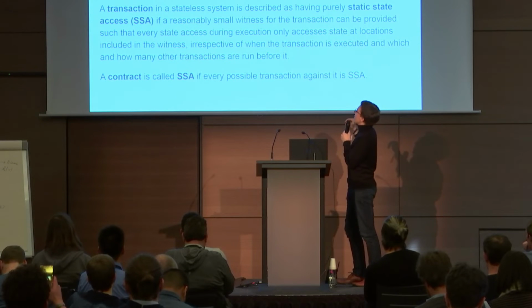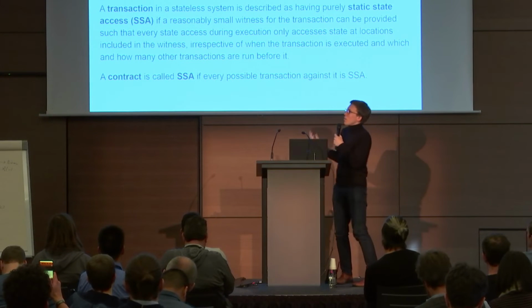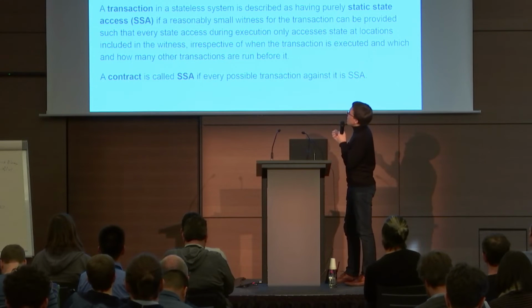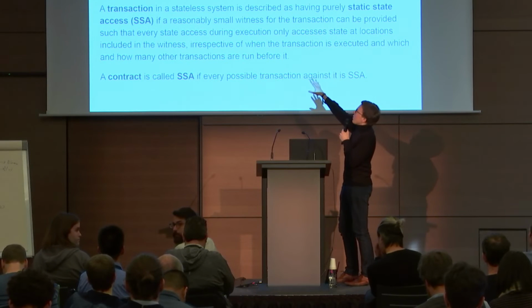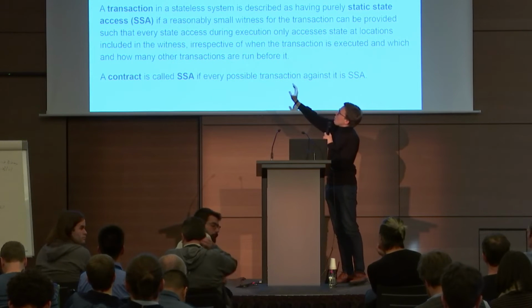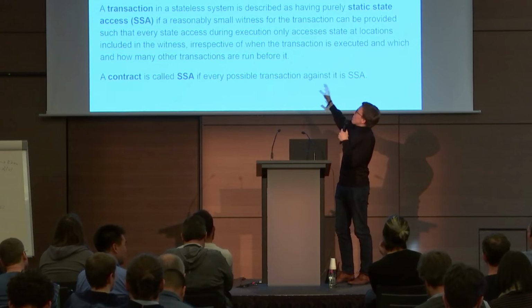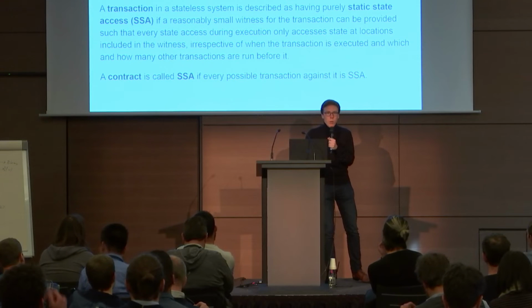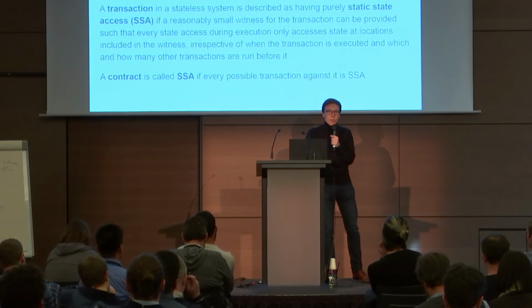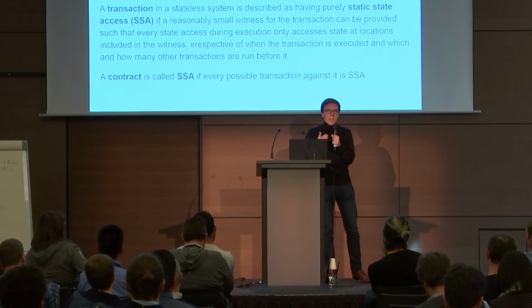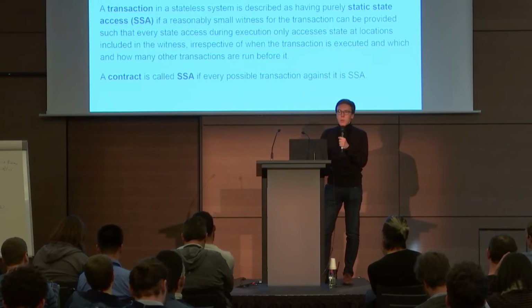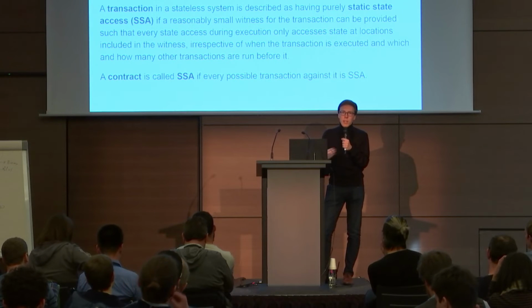If you define it on a transaction level, any given transaction is purely SSA if you can create a reasonably small witness for it that is always sufficient to run the transaction. You see already how imprecise that becomes. What that means is you might not be able to completely predict what state it accesses, but maybe you can at least predict it'll have to access one of these 10 different locations in state. That's fine, because a witness with 10 state locations attached is still really small.